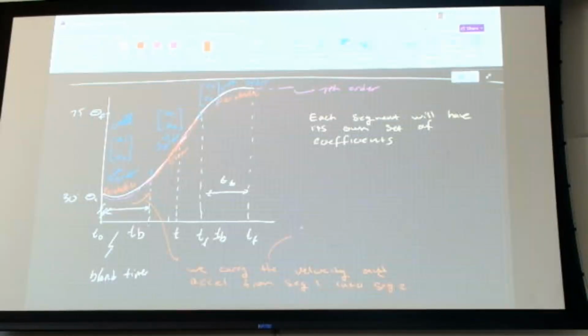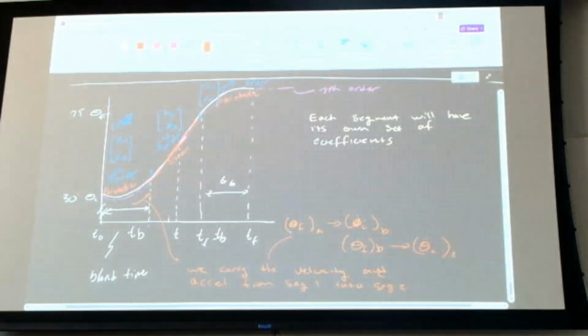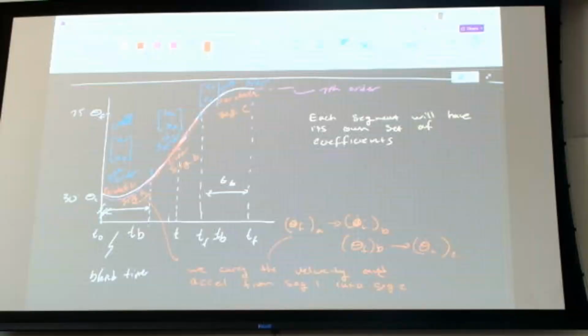So, for example, V final from segment A, or segment 1, becomes V initial, in fact, I'm going to call it theta dot, becomes theta dot initial for segment B. And theta dot final from segment B becomes theta dot initial for segment C. And I'm using A, B, and C only because we use the coefficients A, B, and C. So let's just call them segment A, segment B, segment C.